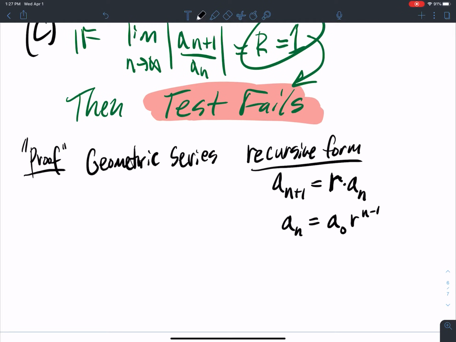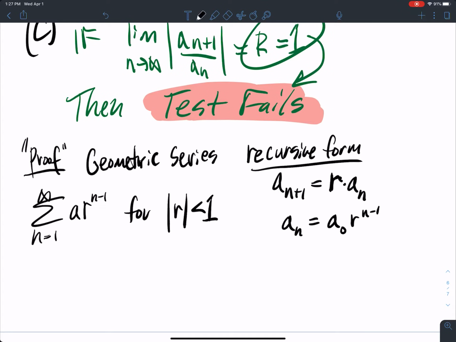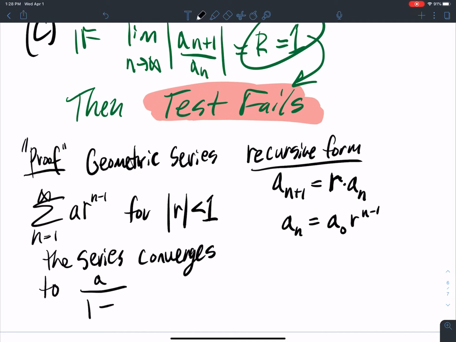Say we have the series n equal 1 to infinity, a r to the n minus 1. Now, for absolute value of r less than 1, the series converges. To what? First term over 1 minus r. Okay, first term over 1 minus the geometric ratio.